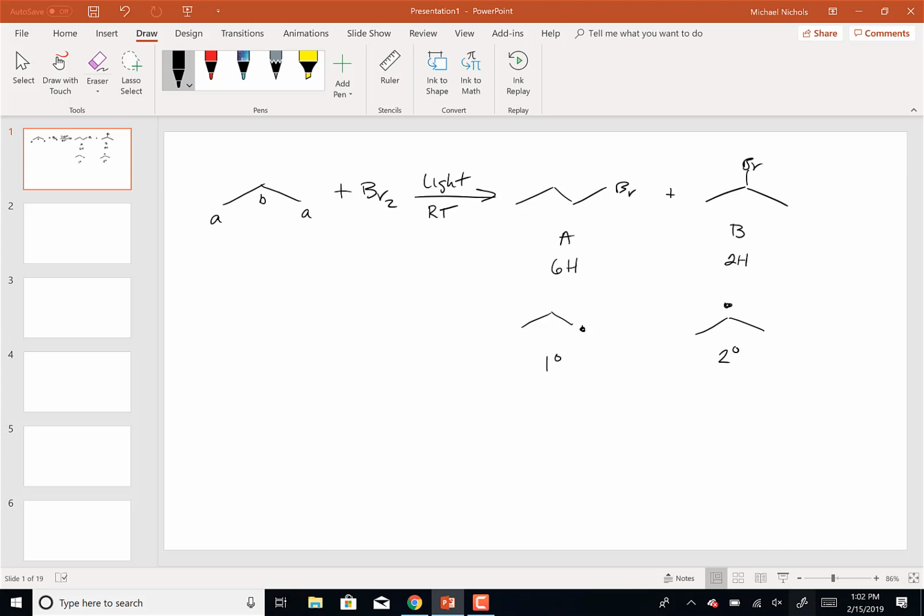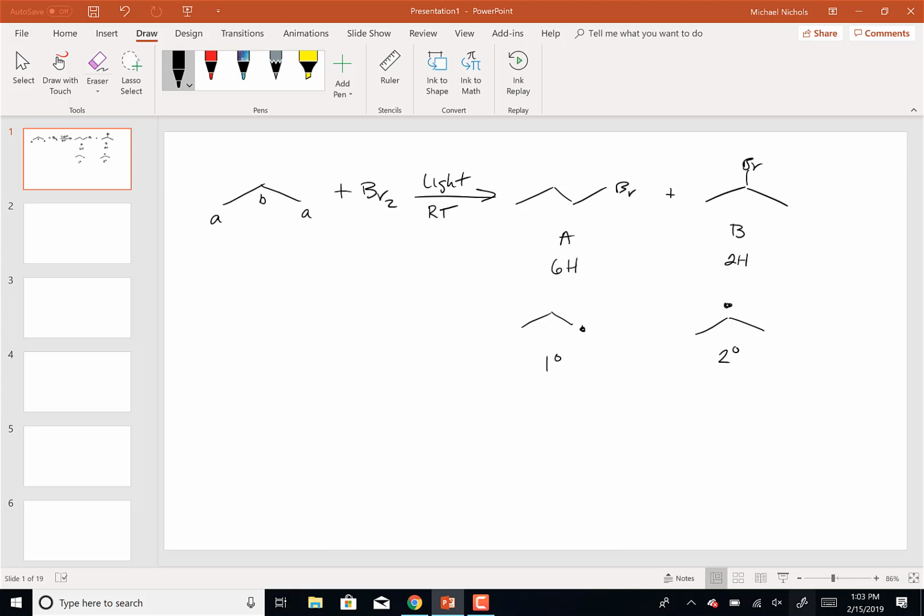And so you could also make the argument that product B will be the major product because it's coming from a more stable intermediate. We're at the point where the question is, so which one of these two is going to be the major product? And we have 2 opposing arguments. The reality is it's going to be a combination of both of these. So that's what we're going to talk about.